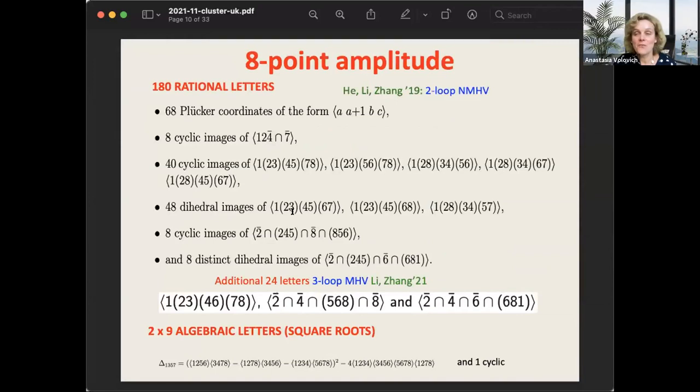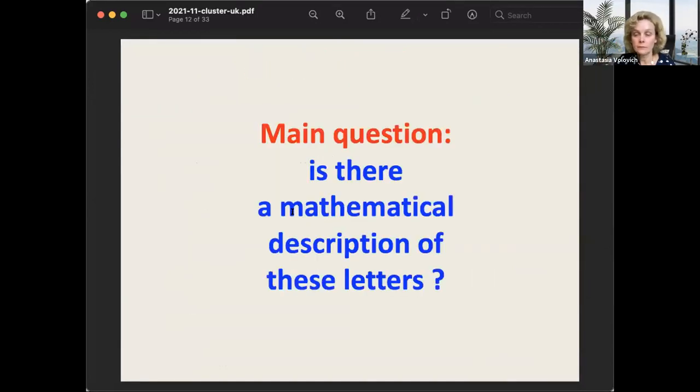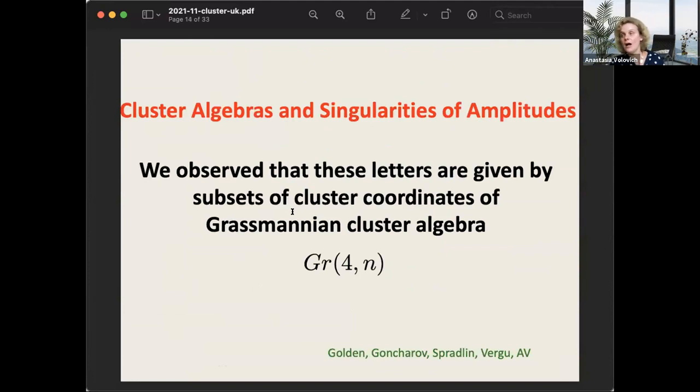First people computed just 2 loops MHV, and then somebody came in and computed 3 loop MHV. But if you wanted to do all loops, you'd need infinitely many letters. That's right. Well, there is a conjecture of what the finite set of letters is. Okay, thank you.